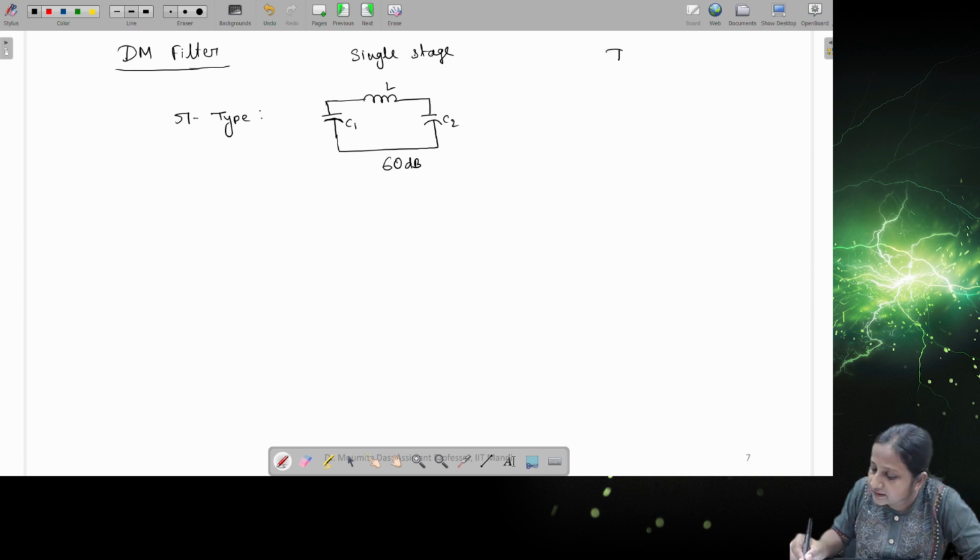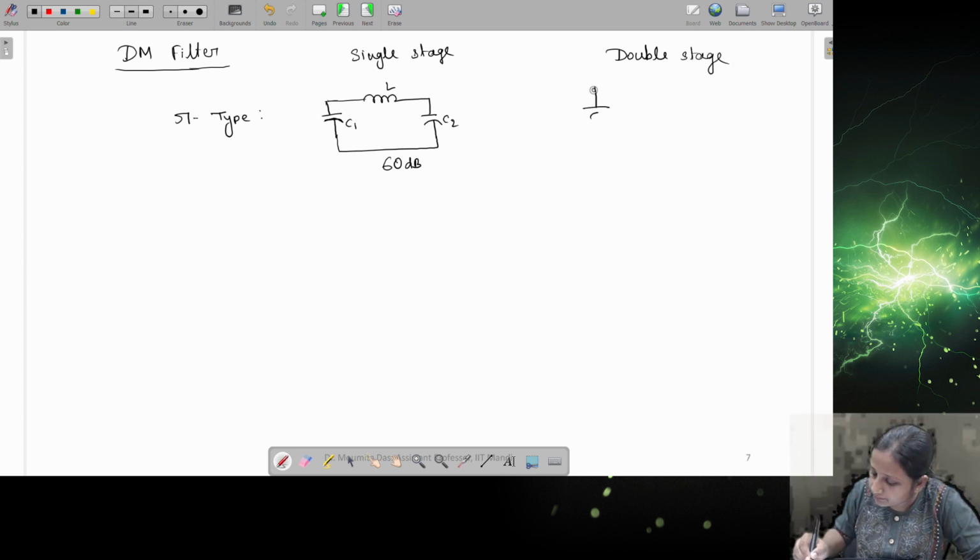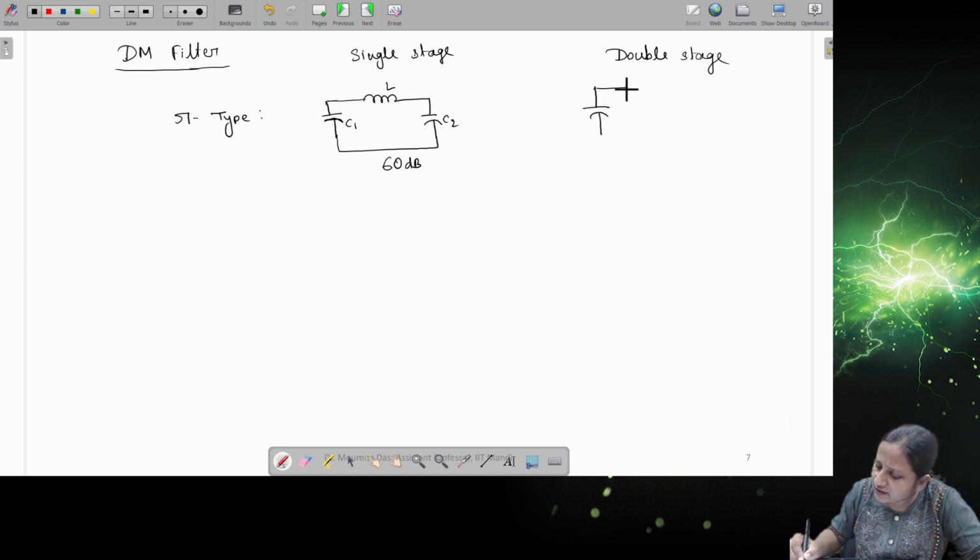Now if it is double stage, whether it is single stage or double stage depends on the requirement of the attenuation level.